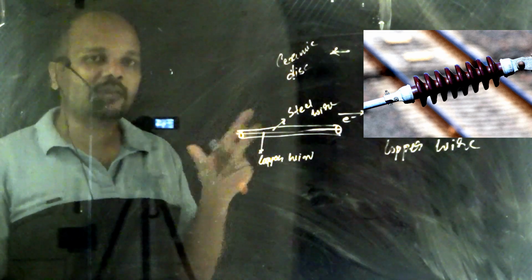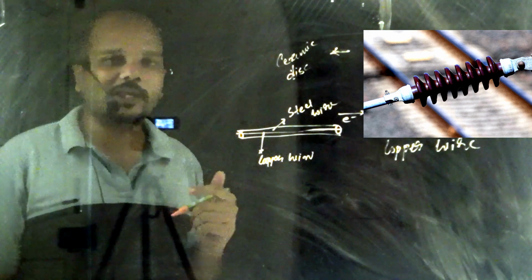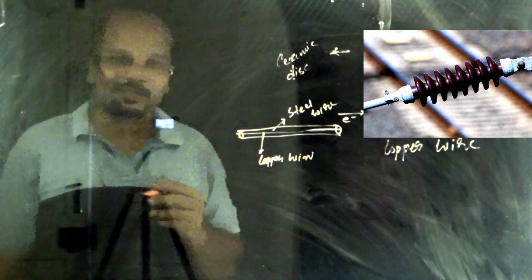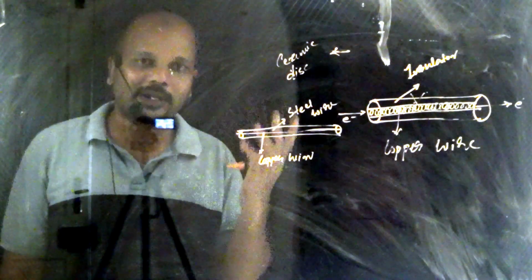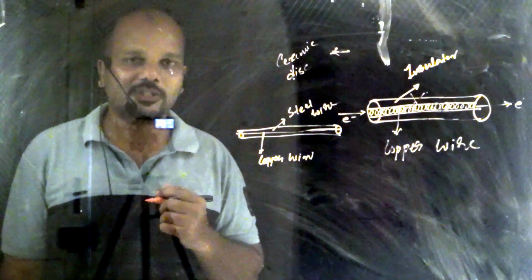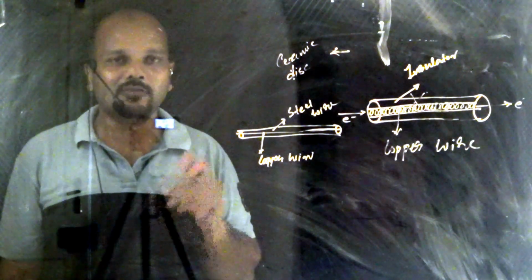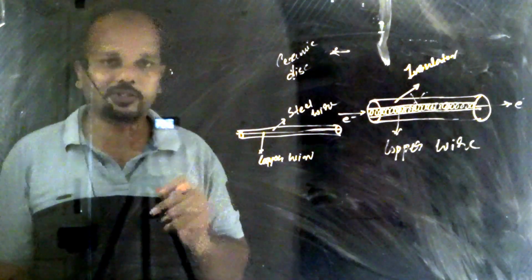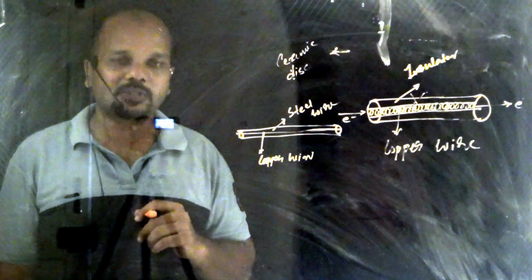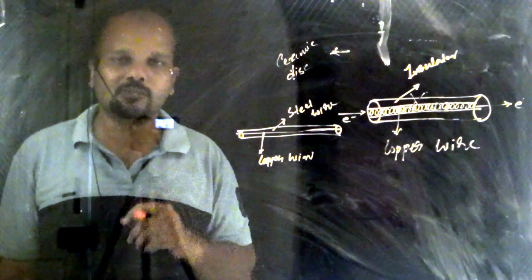That is how insulators and conductors come into play. A conductor is good when there is a need for conducting electrons or electricity. An insulator is good when you want to protect, to block the current from passing. So different aspects come into play.